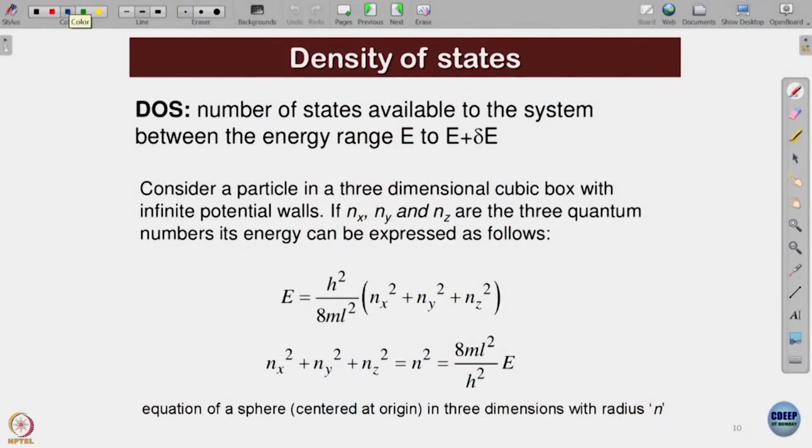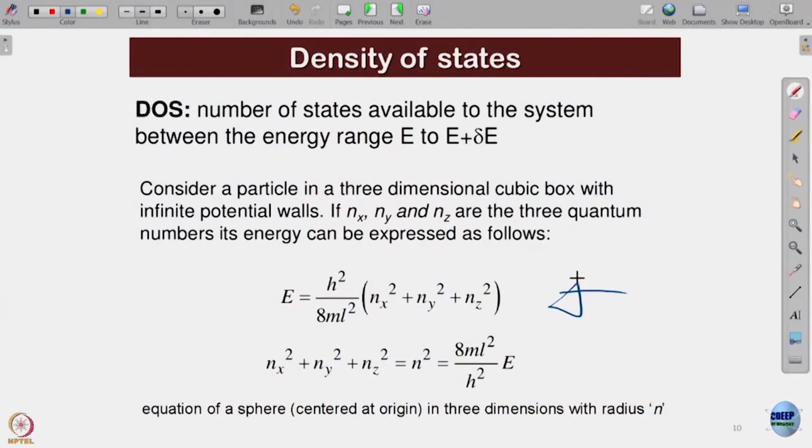Now, you have done quantum mechanics, particle in a box, and you know that the energy is given by this quantity, E equals h square by 8 m l square, times nx square plus ny square plus nz square, where nx, ny and nz are the quantum numbers, and their values are 1, 2, 3, 4, like that. We have discussed at length why this quantum number starts from 1 and they are integer numbers, 1, 2, 3, 4, 5, 6, 7, 8, 9, 10, like that.